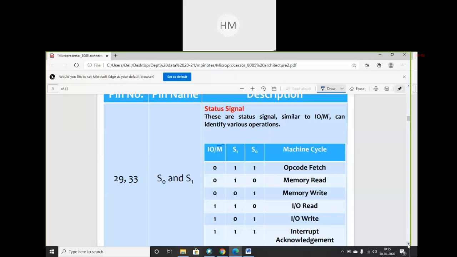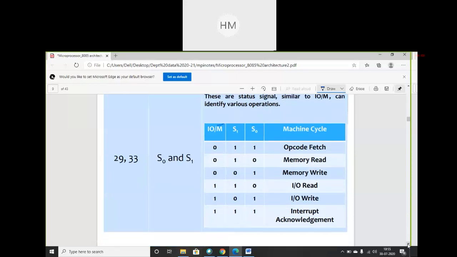So by combining all this, we will come to know which operation is to be performed, whether we are taking the data from memory or from input-output devices. So IO/M bar, S1, S0, three lines we are considering, so 3-bit data will be there.